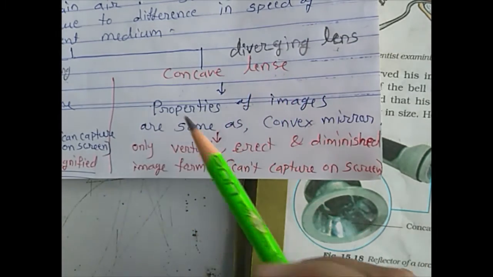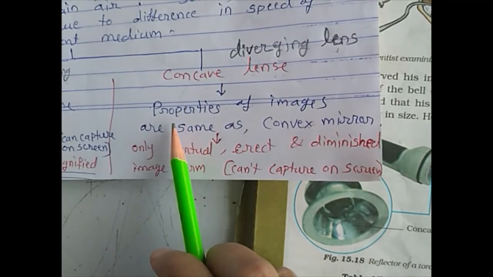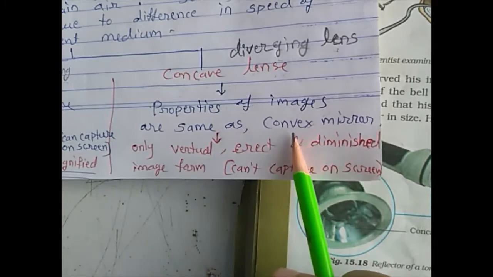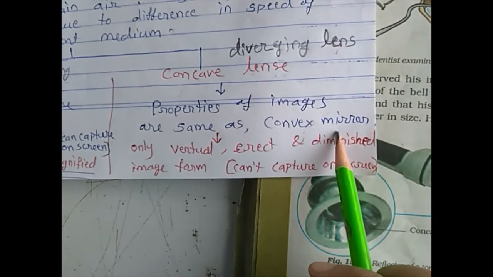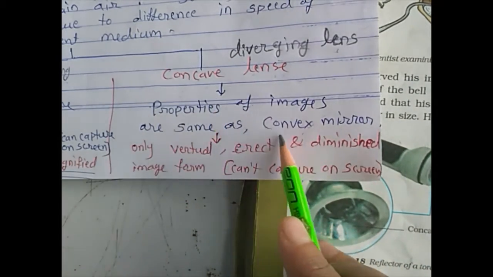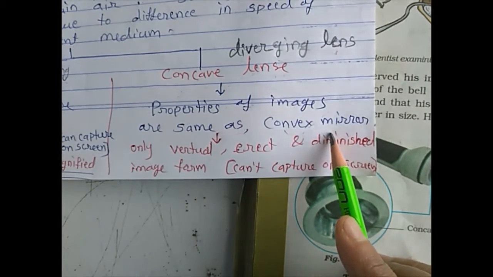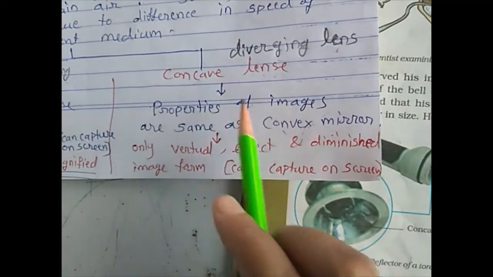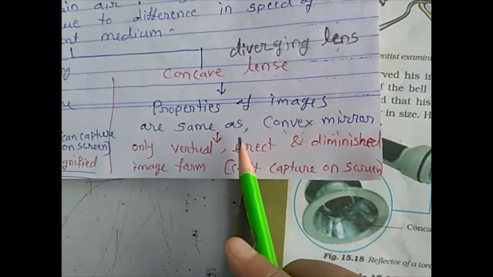Okay, so concave lens is showing properties of images as same as convex mirror. तो convex mirror भी diverging है और concave lens भी diverging है. So both show the same properties of images.